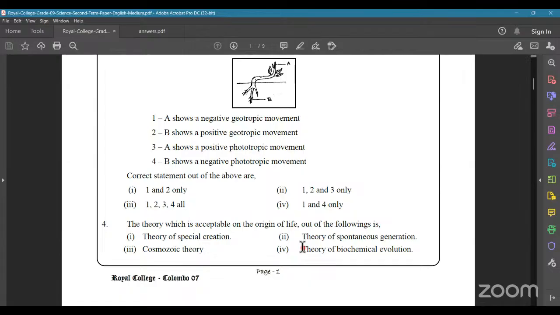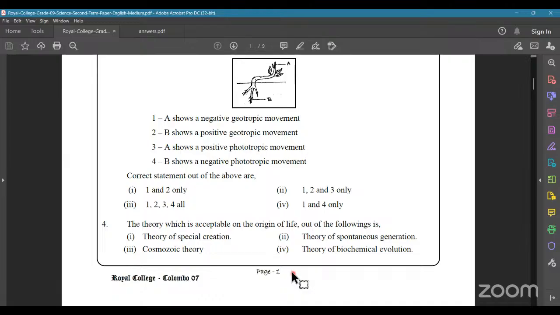So let's go to the fourth question. Have you studied this lesson in your school? Until which lesson have you completed? Okay, that's fine.